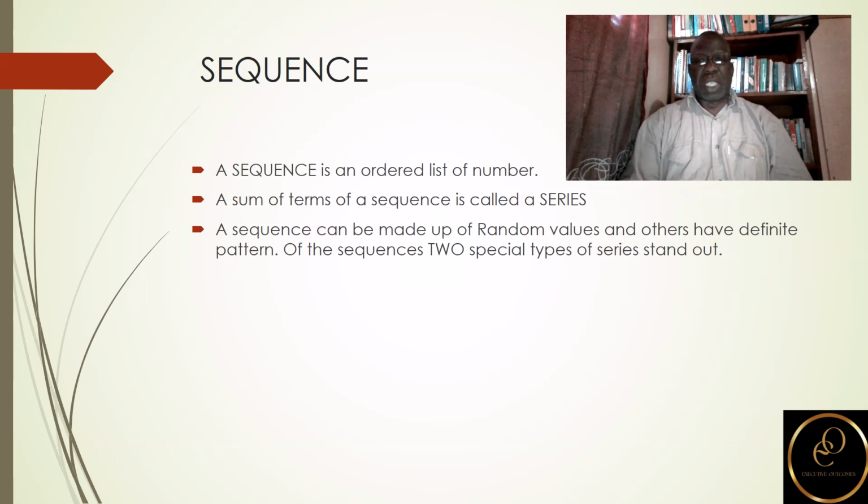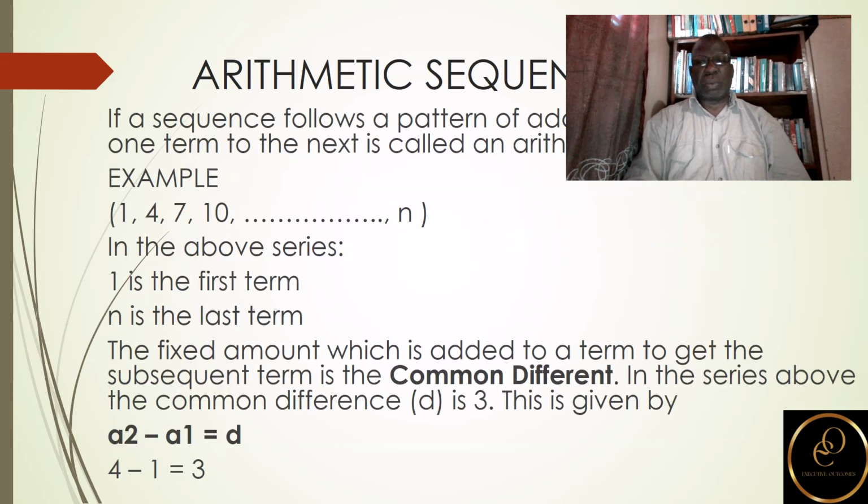We start with looking at the arithmetic series. So when you look at the arithmetic series, you are going to look at a sequence that follows a particular pattern, such that when you add a fixed value to one term, you get the next term.